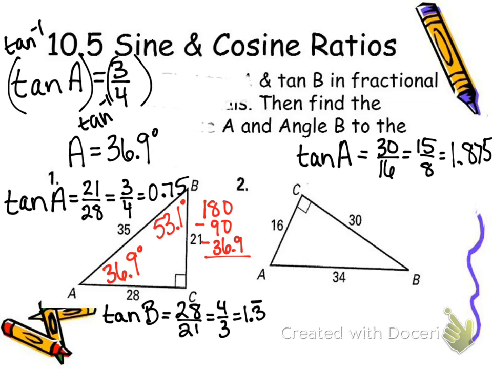So we'll set that aside for now, and we'll also find the tangent of B. If you're finding the tangent of the two non-right angles of a triangle, they are always going to be reciprocals of each other. So the tangent of A is the reciprocal of the tangent of B. So if you already found the tangent of A, you can just flip it upside down, and that's going to be the tangent of B.